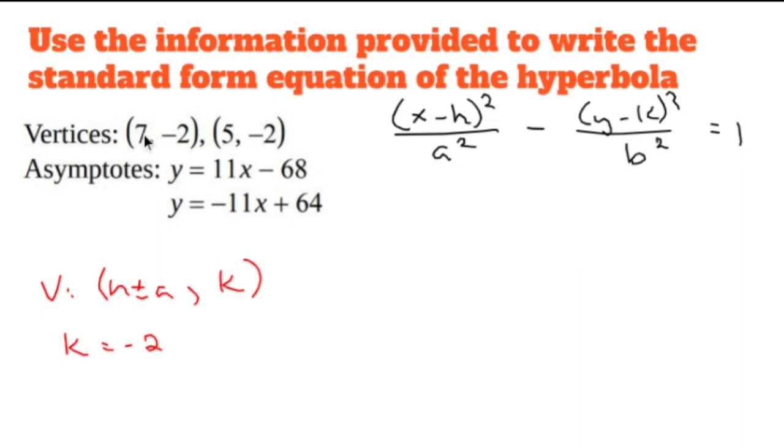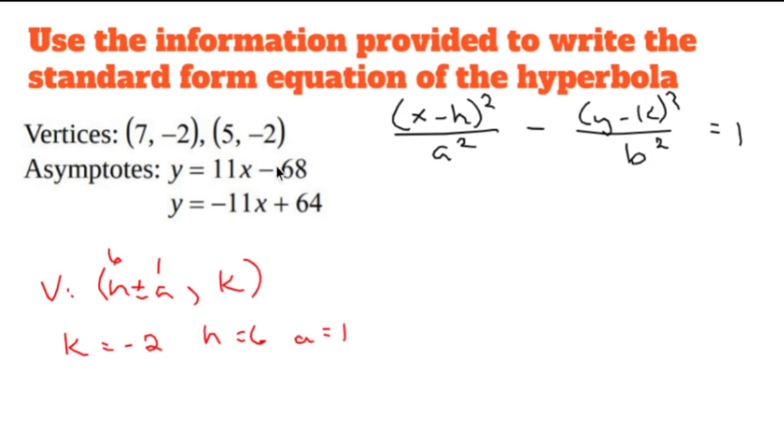Okay, I have 7 and 5. Those are 2 apart. So if I were to take 6 and add 1 and take 6 and subtract 1, that tells me that 6 is h and a is 1. So h is going to be 6, a is going to be 1. Now I need b.